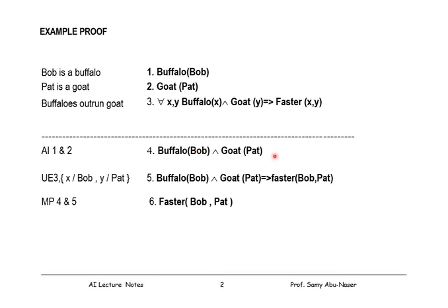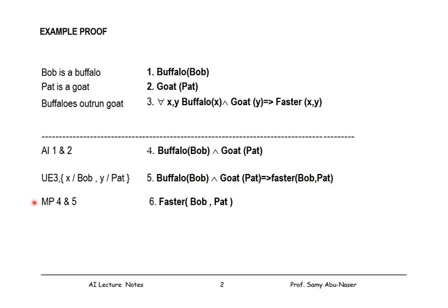It's as simple as that. Then we use universal elimination with sentence 3, replacing x with Bob and y with Bet. It becomes: Buffalo(Bob) and Goat(Bet), then Faster(Bob, Bet). This is the universal elimination.